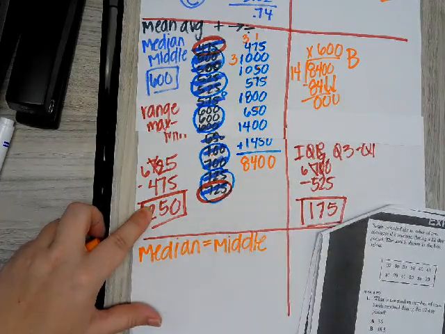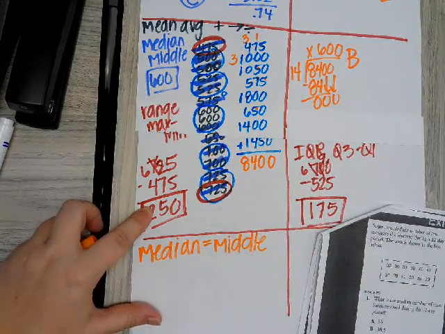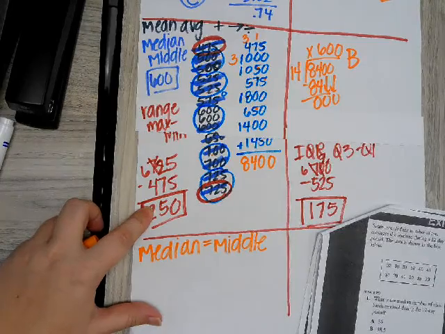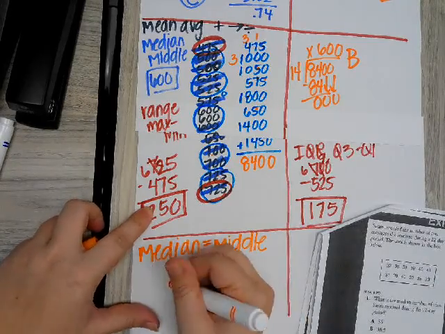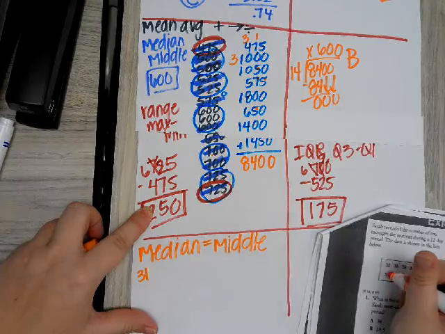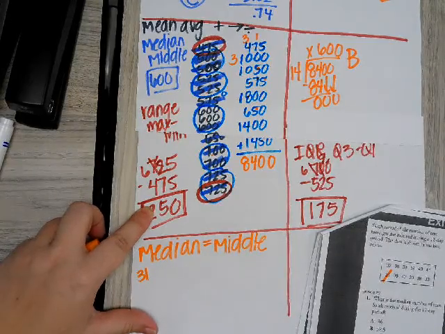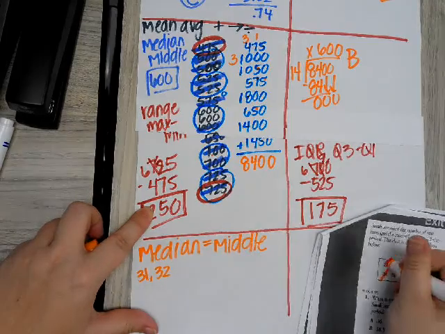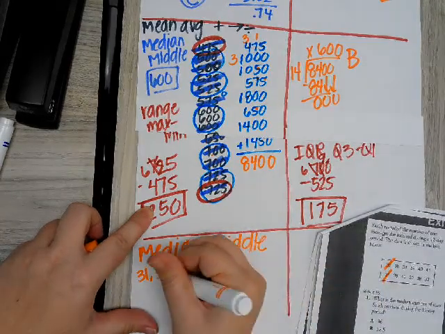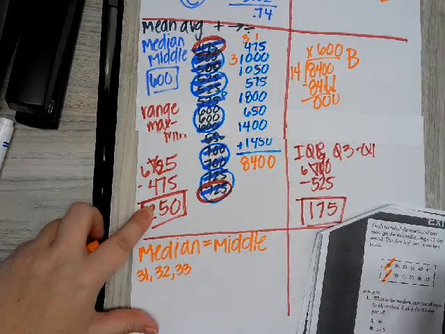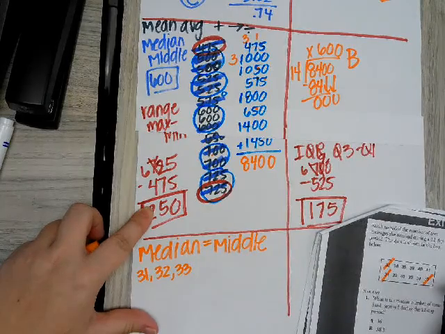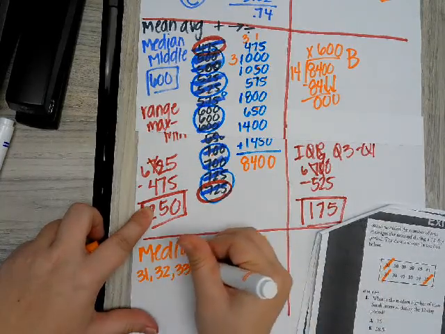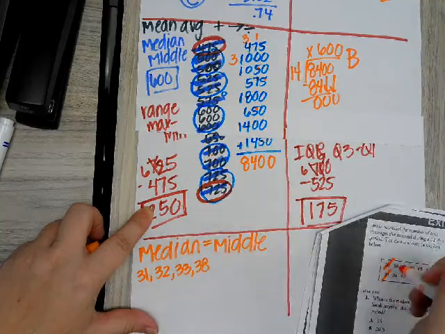So my smallest number looks like it's 31. Then it is 32. Then it is 33. Then 38. Then we have 1, 2, 3, 4, 5 39s.